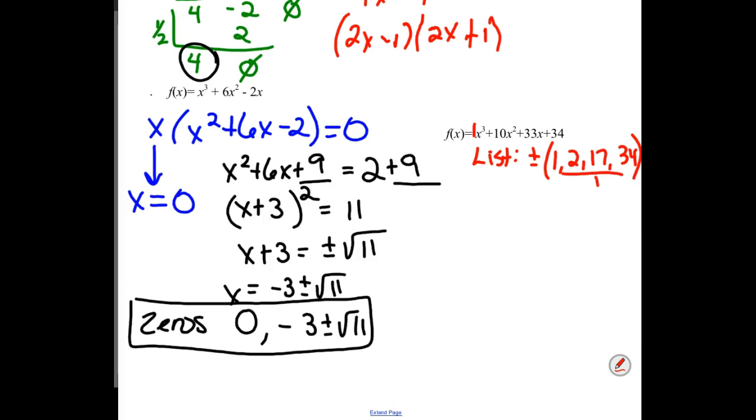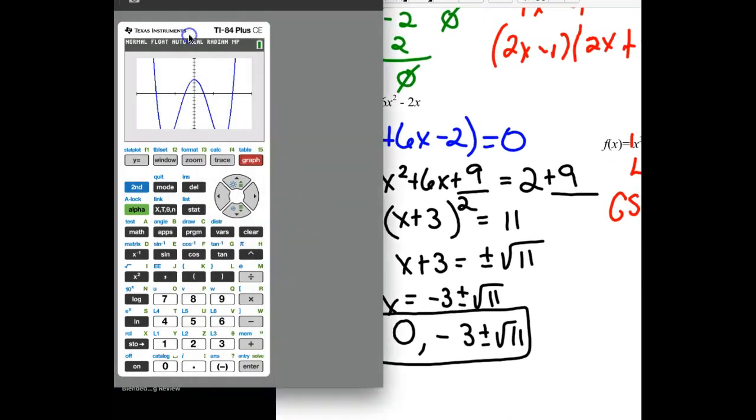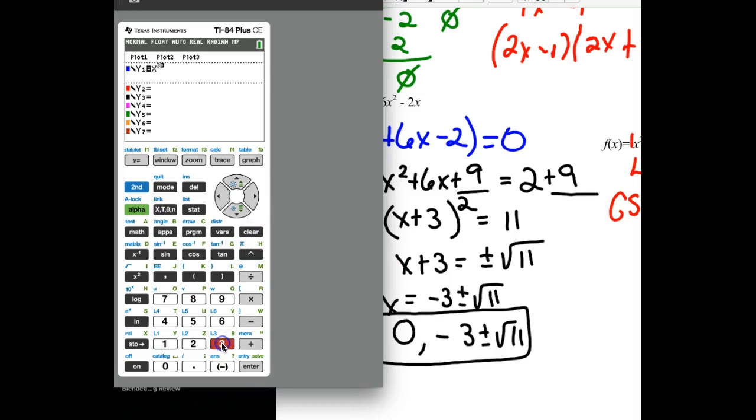All right, let's look at our graph. All right, our equation: x cubed plus 10x squared plus 33x plus 34.